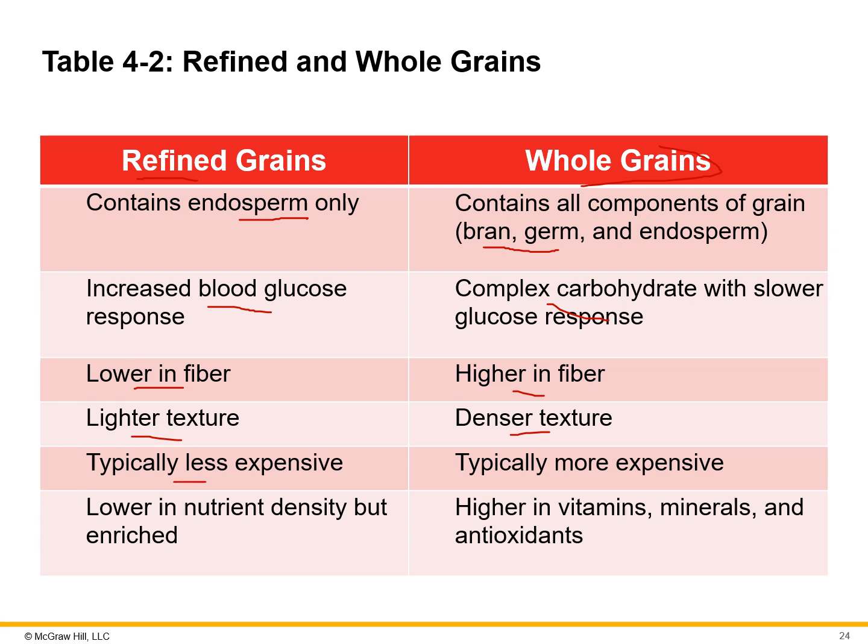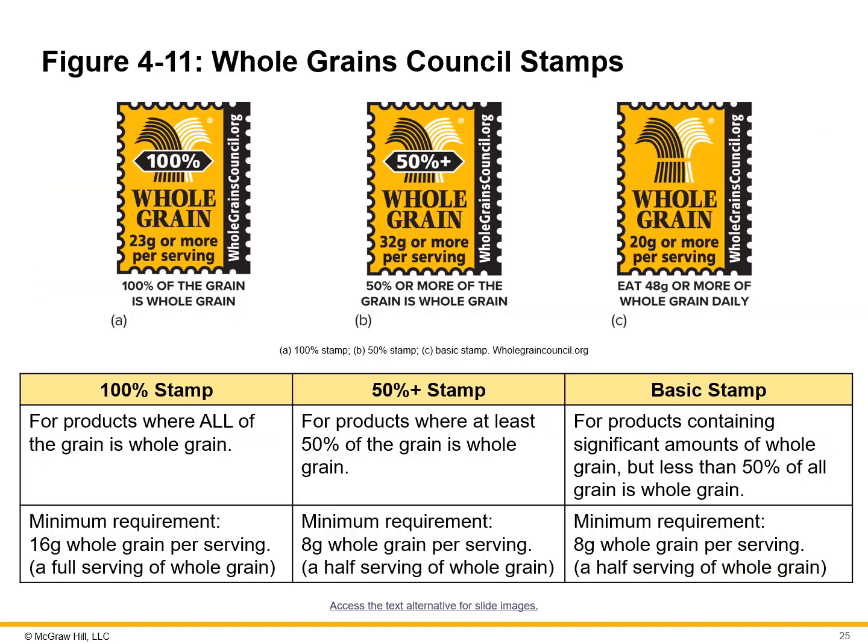Typically refined is less expensive because it's cheaper to produce, whereas the whole grains are typically more expensive. Refined has lower nutrient density, but can be enriched or have things added to it, whereas the whole grains have more vitamins, minerals and antioxidants that come from those extra parts, again, the bran and the germ.